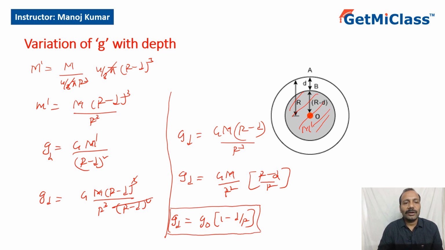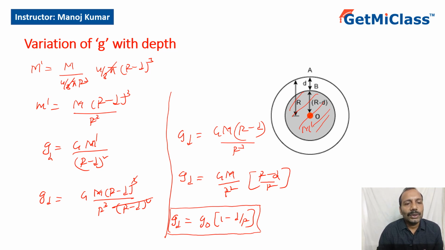So this is how I got it. Now I can see that whether I go away from the surface of Earth or towards the inner layers of Earth, acceleration due to gravity decreases. If I take this distance from the center as x, then instead of R minus d, I can write x.